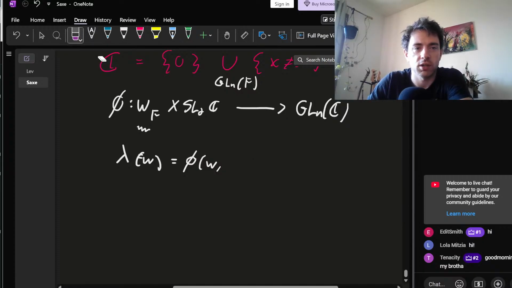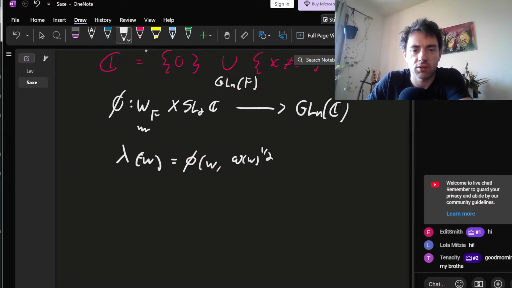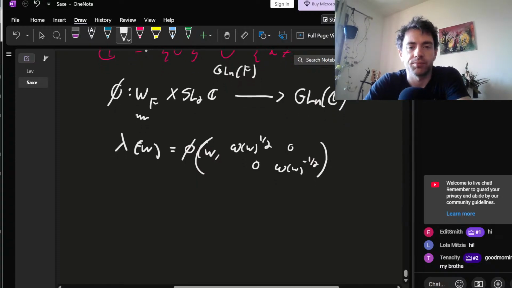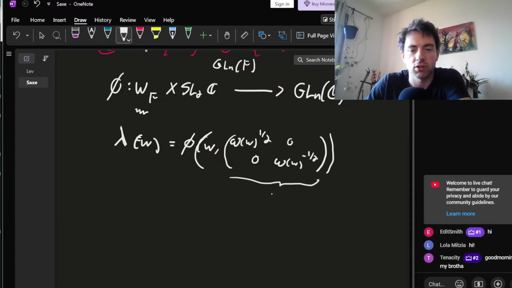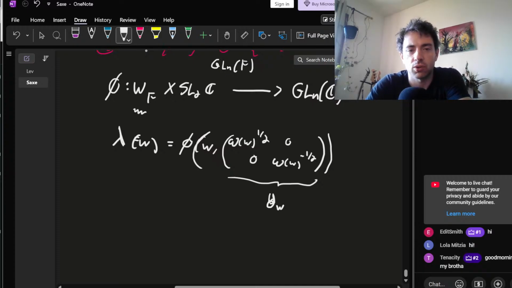Actually, I should call this omega: w to the half, omega w to the minus 1/2. So it's not quite just restricting to the first factor. You have to plug this specific matrix into the second factor. Sometimes we call this d sub w, depends on w, as a shorthand.